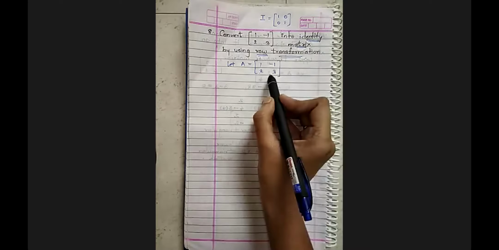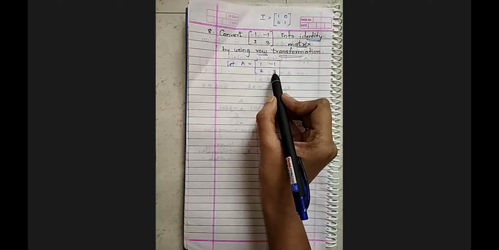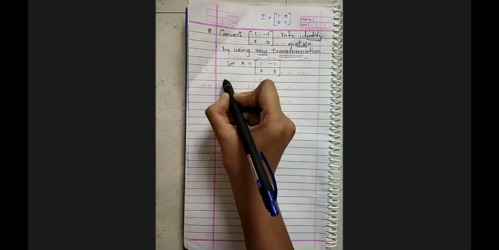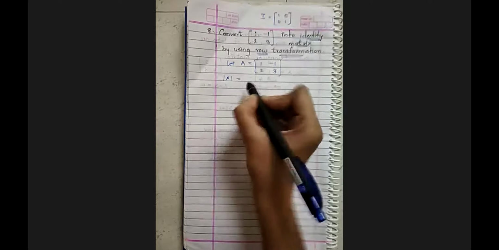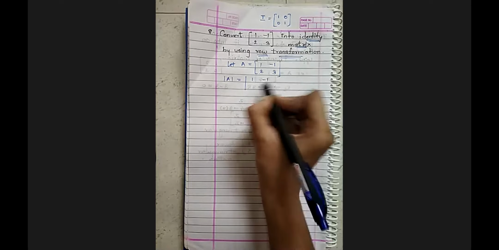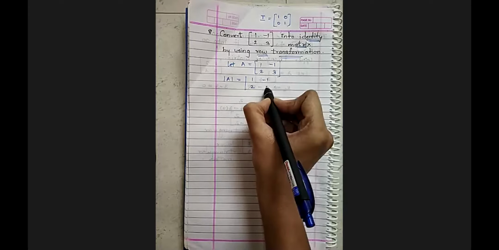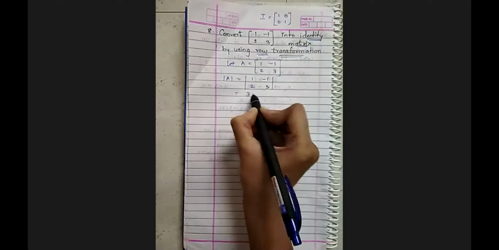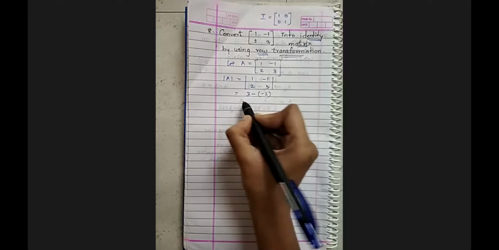That is the reason I first explained the row transformation. To do that, the first thing you have to do is check whether the inversion is possible. So you need to find the determinant of A. That is 3 minus minus 2, which is 5.